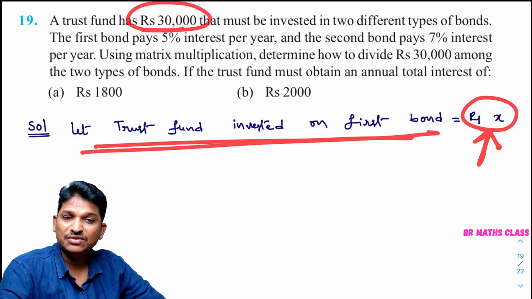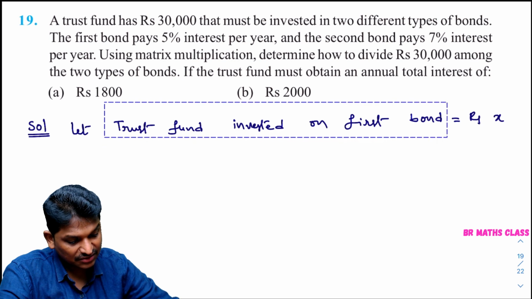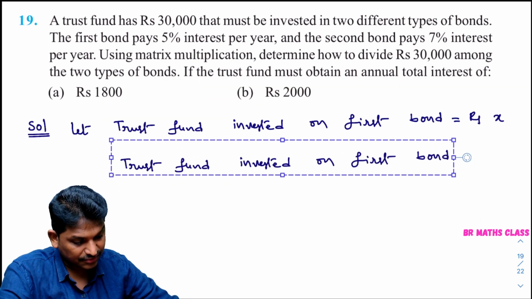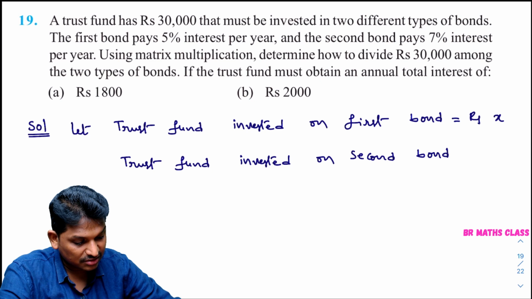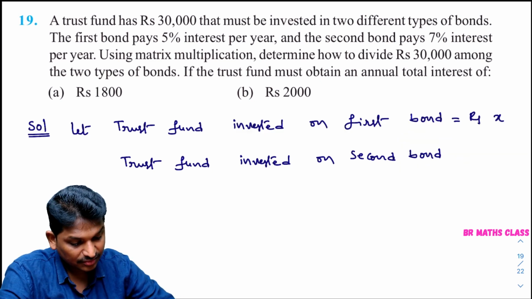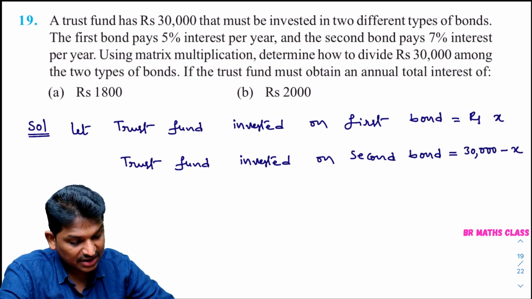Like that, the trust fund invested on the first bond is rupees x. Then what is the trust fund invested on the second bond? The trust fund invested on the second bond equals 30,000 minus x.